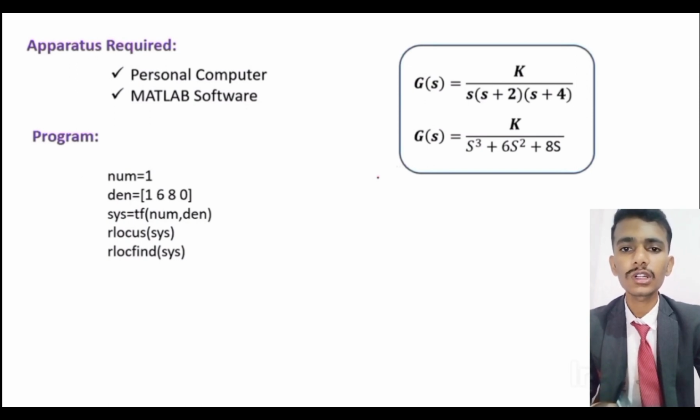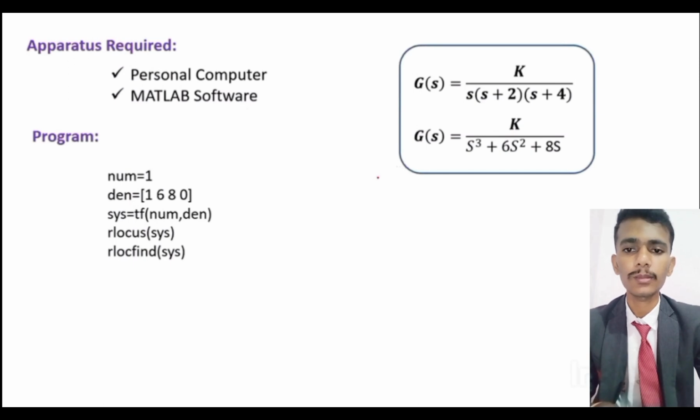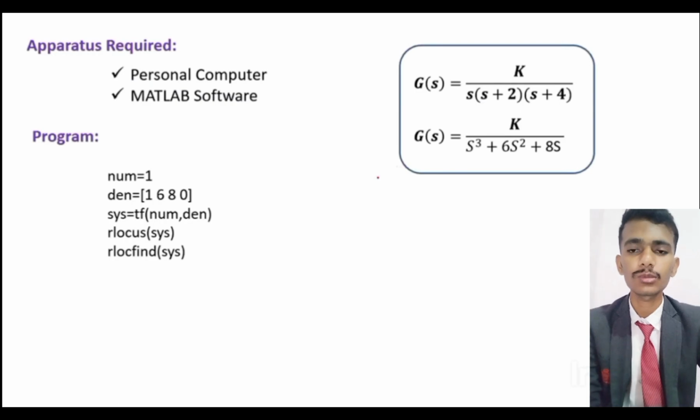So the numerator for this equation is 1 and the denominator is 1, 6, 8 and 0. So the system is equal to the transfer function of numerator comma denominator. The rlocus sys is a command for this program, and rlocfind sys is also a command for this program.